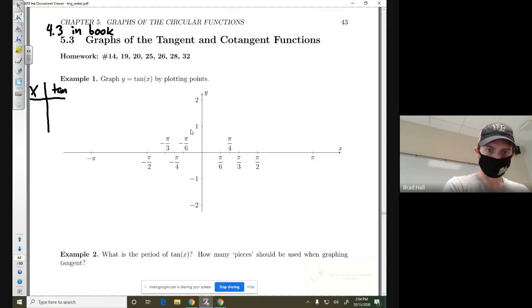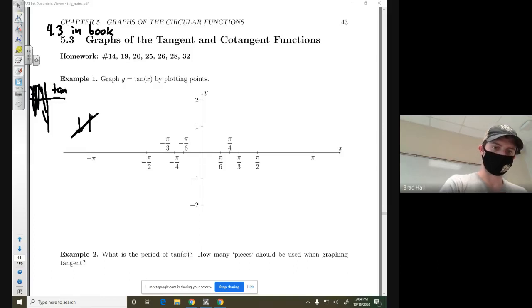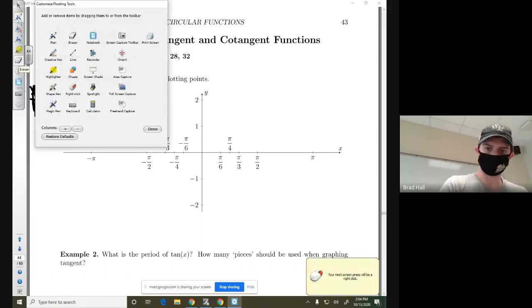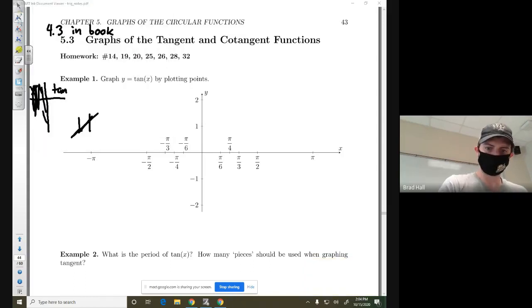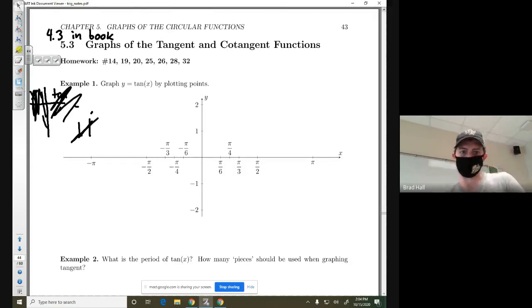I might run out of room. Let's see. Okay. That's strange. That is weird. I don't know what's going on.